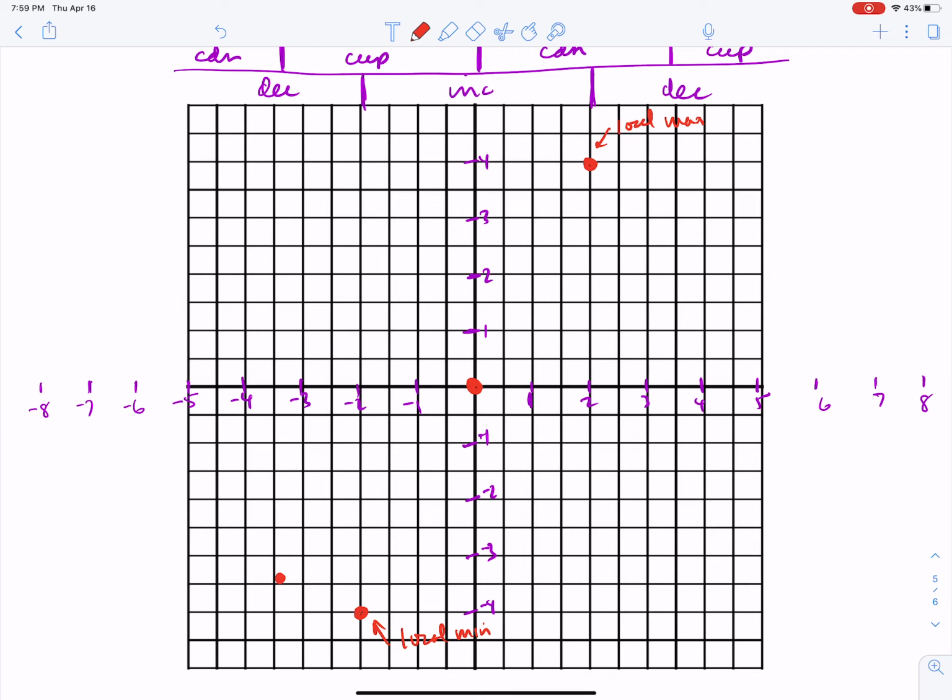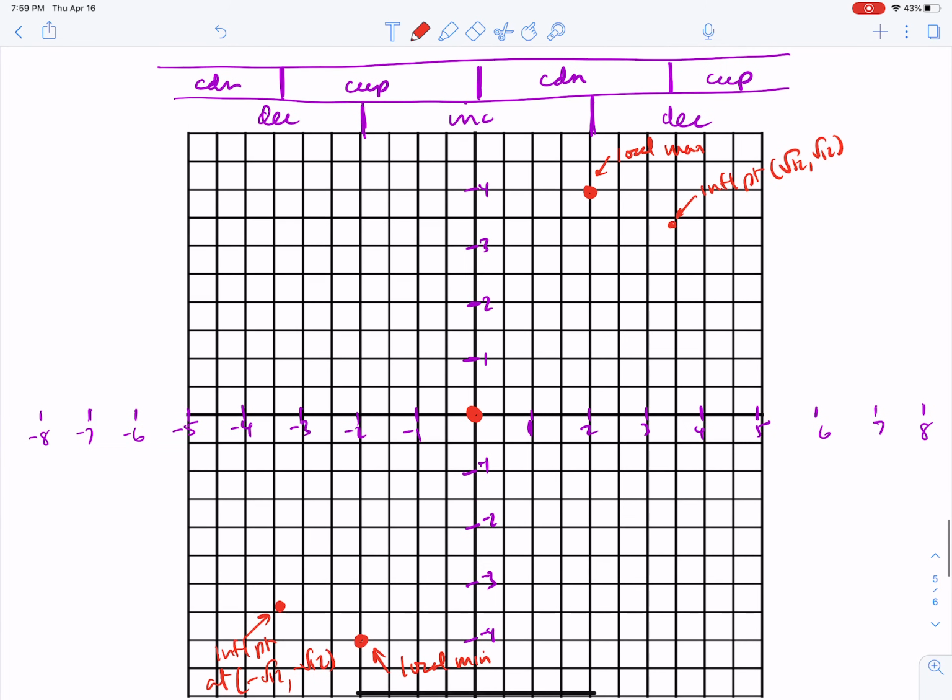So here is an inflection point at -√12, -√12. And I've got one up here at +√12, +√12. So I've got my anchor points down, and now I want to remember that I've got a horizontal asymptote of y equals 0 on both sides.